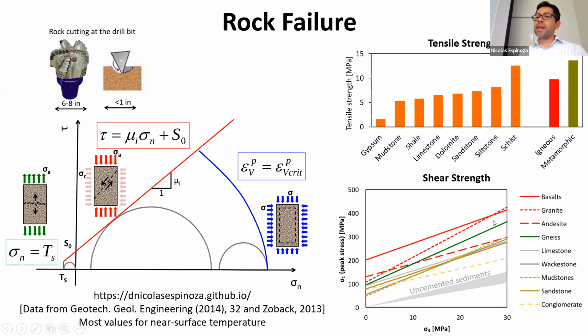Basalts, granite are at the top of what we can get for a rock. So the rate of penetration, for example, in a wellbore is not going to be the same in a loosely cemented or an unconsolidated sand somewhere over here than all the way over there. That's going to make a big change.